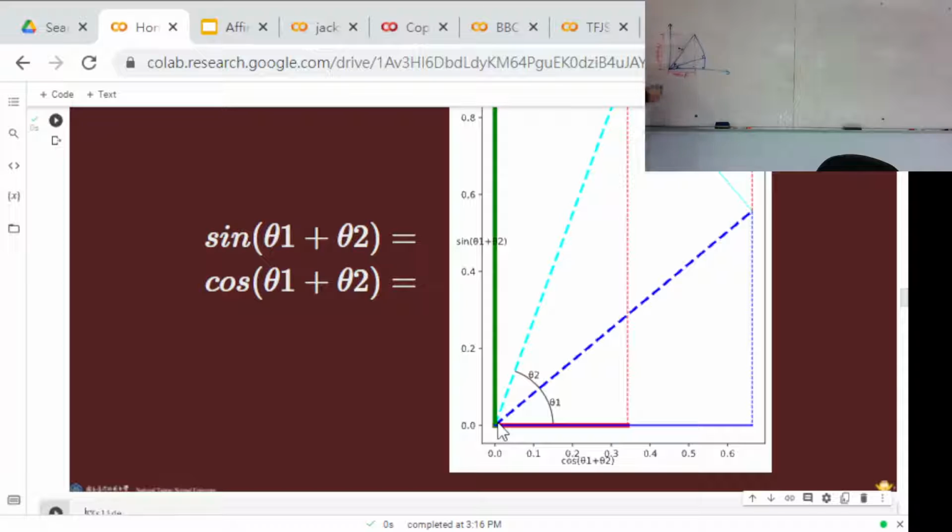Because for any unit length vector, this is the cosine, this is the sine. And so now I just do the same thing, except I have two angles here. So I want to find this value. So how do I find that value, given alpha, beta?